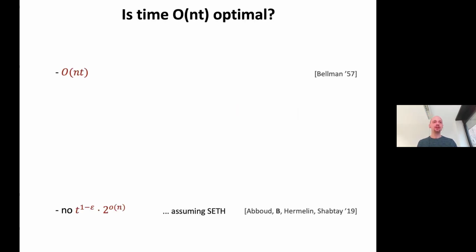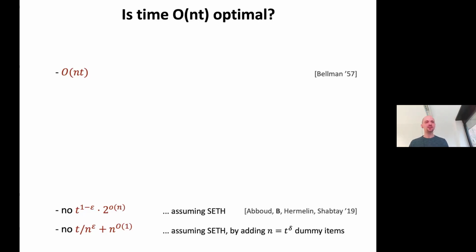Right. So we've seen these two things. For subset sum, it's solvable in time nt and not in time sublinear in nt. If you're wondering, the first lower bound shows that you cannot shave off a t to the epsilon factor. One can also argue that you cannot shave off an n to the epsilon factor.